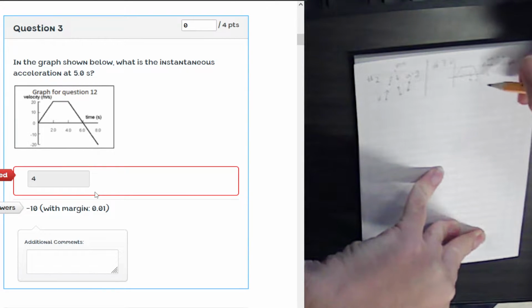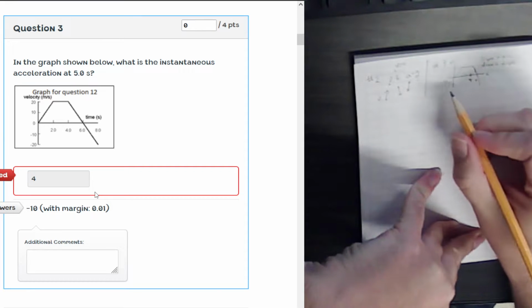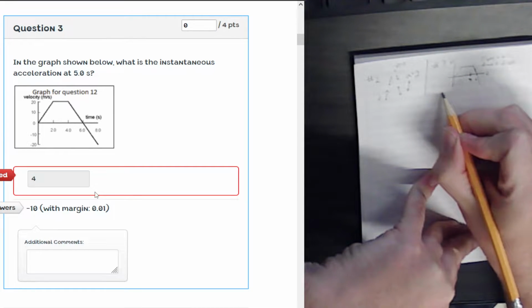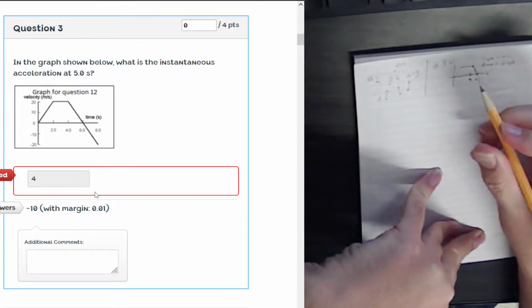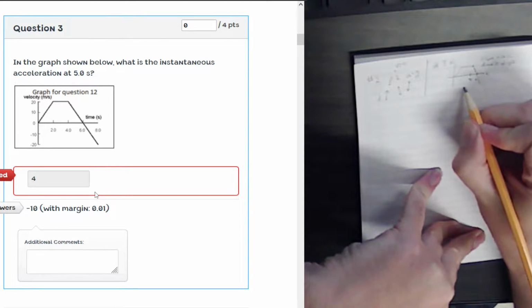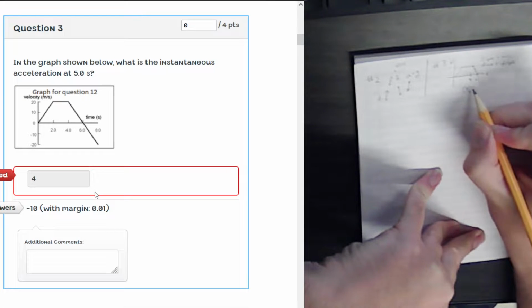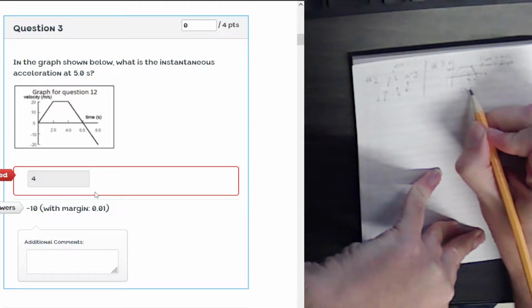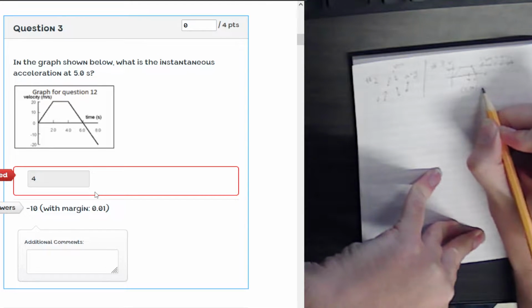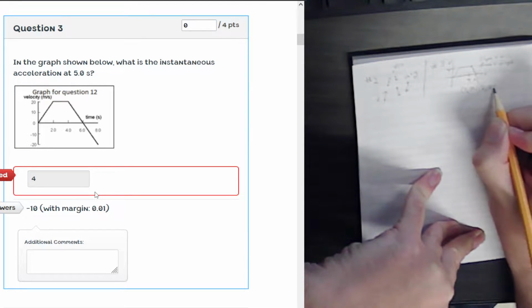So we can pick any 2 points on this line to find our acceleration. So I'm going to pick 4 and 6 because those are pretty easy. At 4 we have the point, looks like 20, right? 20, and then at 6 the y is 0.